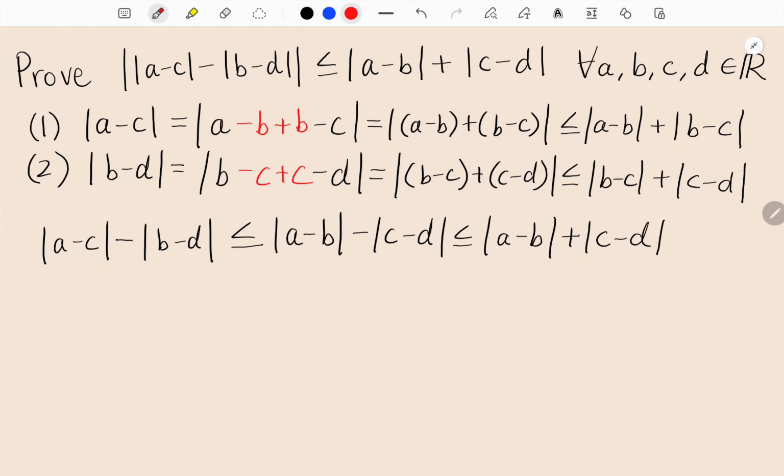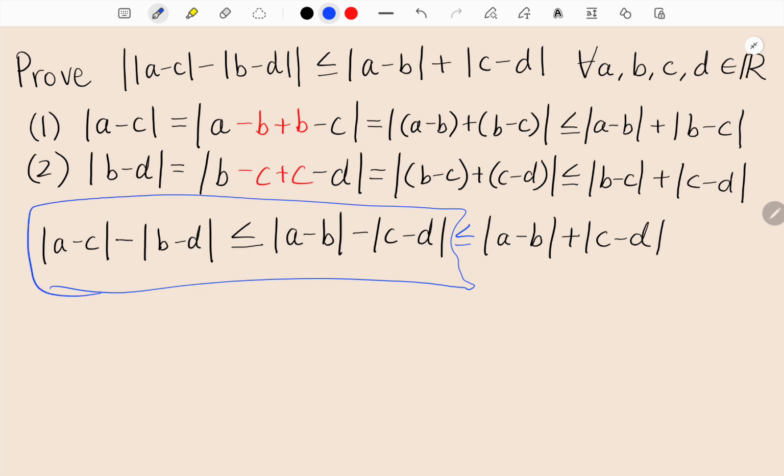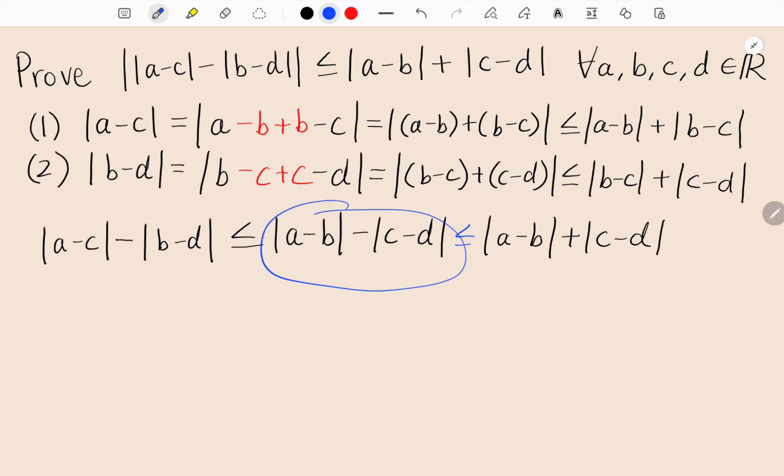So we get this part, but this is going to be less than this, because I'm adding something to the absolute value of a minus b versus subtracting the same thing away from the absolute value of a minus b.